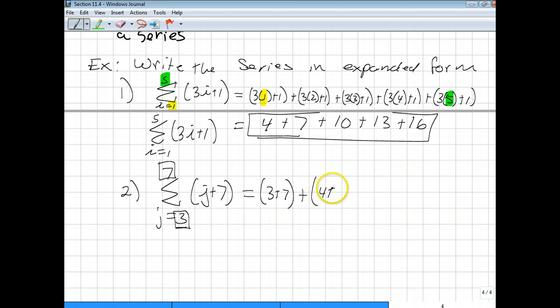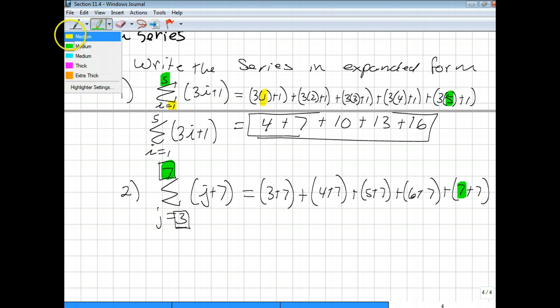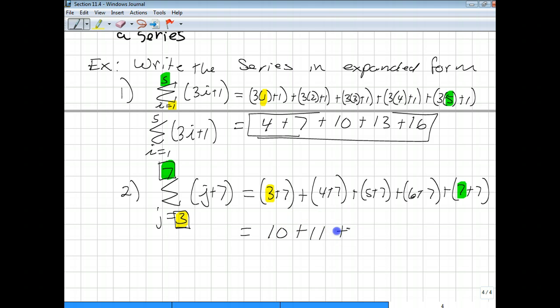Then I'm going to have 4 plus 7. Then I'm going to have 5 plus 7. Then 6 plus 7. Then 7 plus 7. Now I stop because this number matches this number. And where I started was this number and that number. So in expanded form, this would be 10 plus 11 plus 12 plus 13 plus 14. Okay?